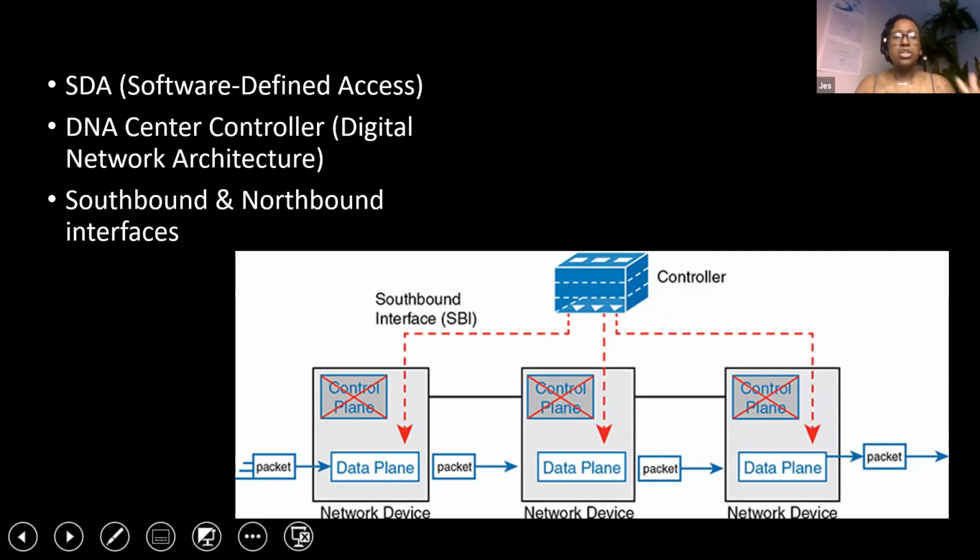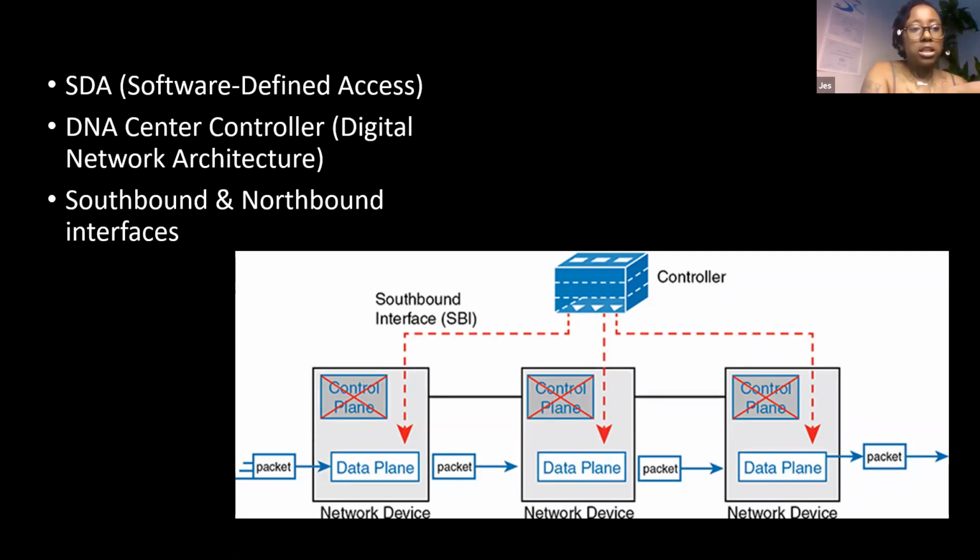Okay, so we left off with SDN, right? We talked about SDN. We were going in a little bit about the southbound interface, northbound interface, but let's actually go into SDA, right? SDN, SDA, excuse me, they're used synonymously. SDA is software defined access, right?